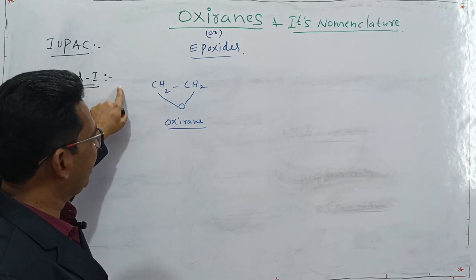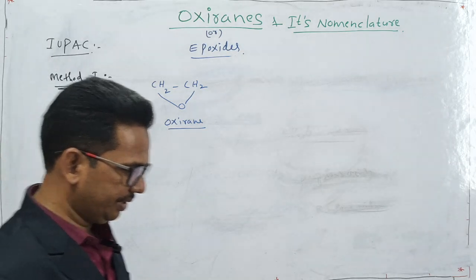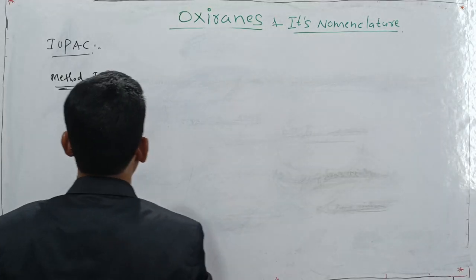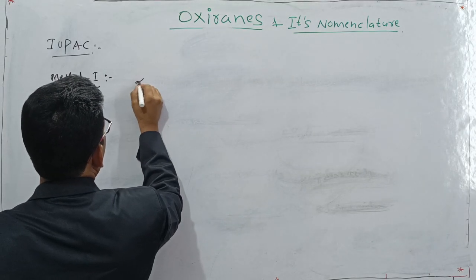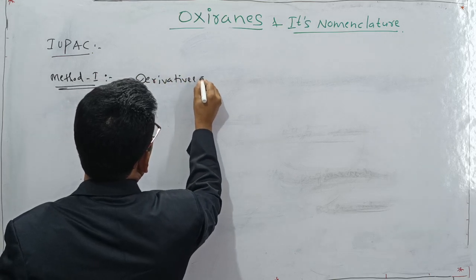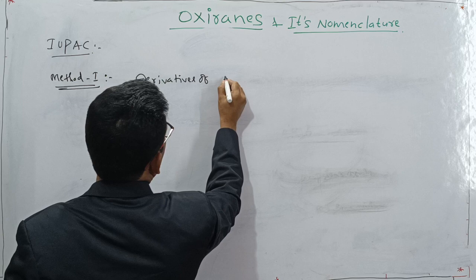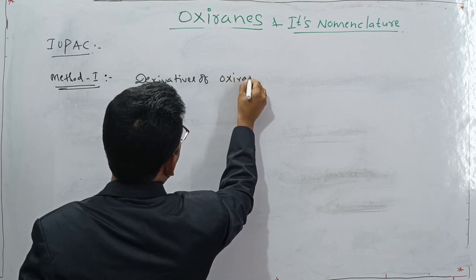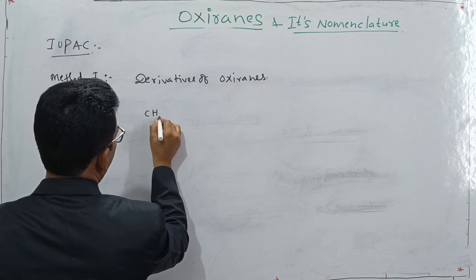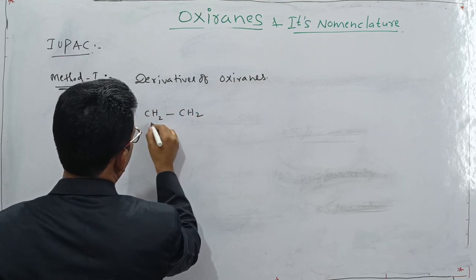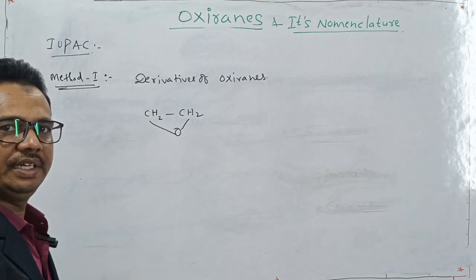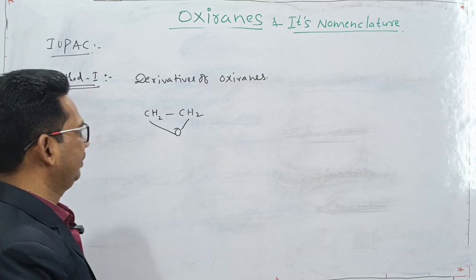Method 1 is nothing but derivatives of oxiranes. What did I tell oxirane means? Ethylene oxide is called oxirane.